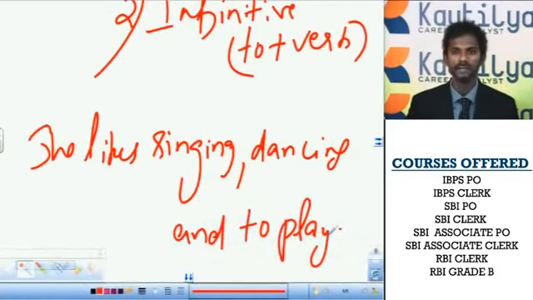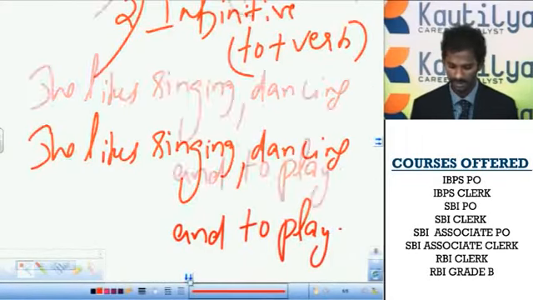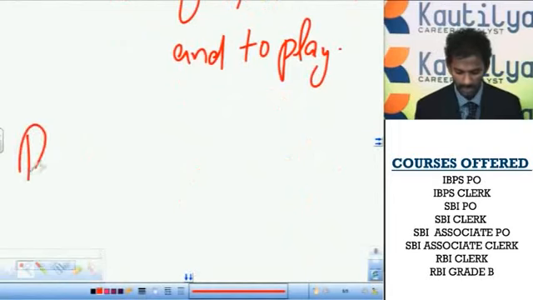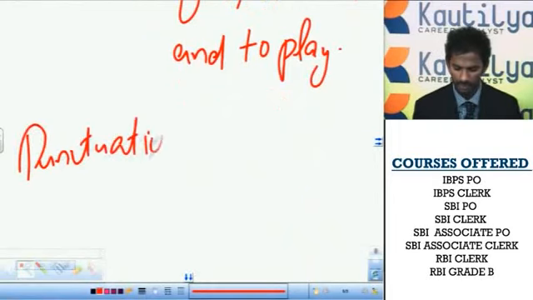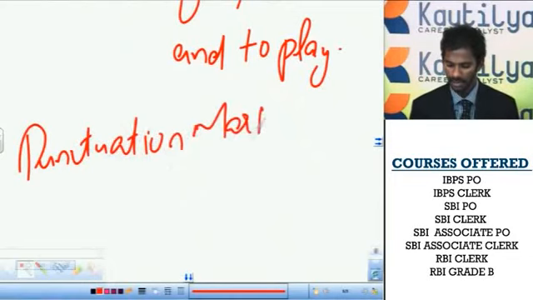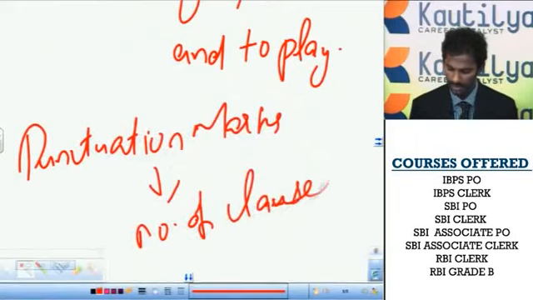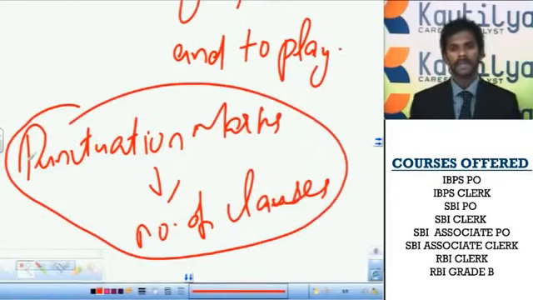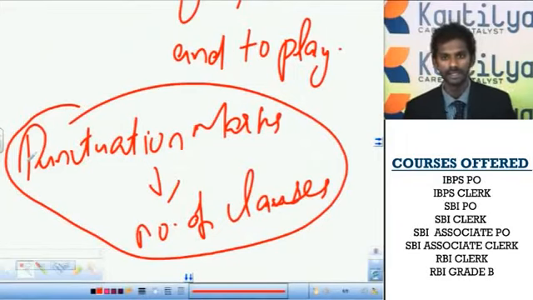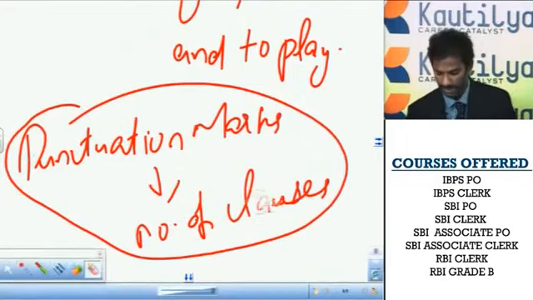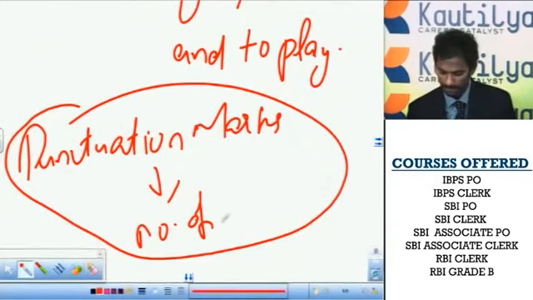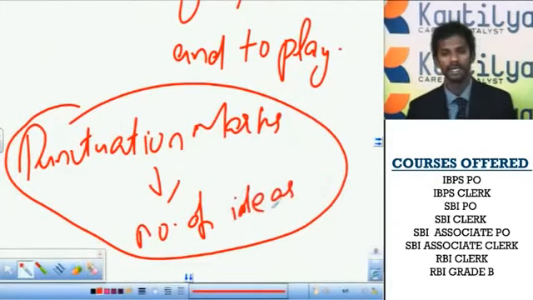Now punctuation marks tell us about the number of clauses in a sentence. You know what punctuation marks are: full stop, comma, etc. So we can identify the number of clauses, the number of ideas in a sentence, based on the punctuation marks.